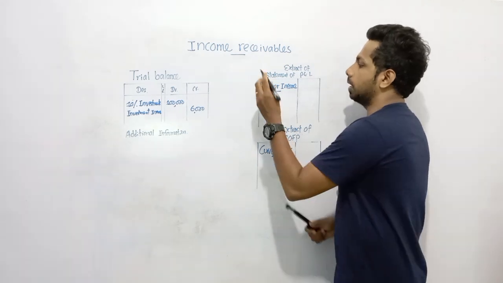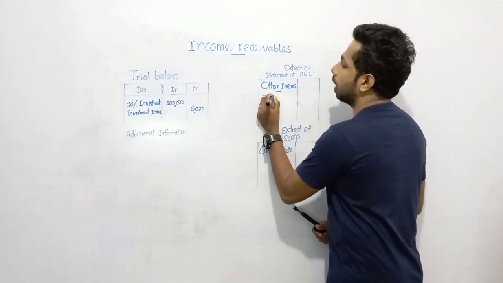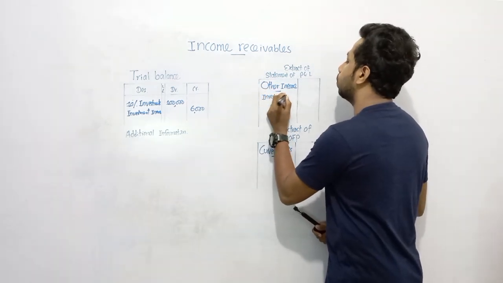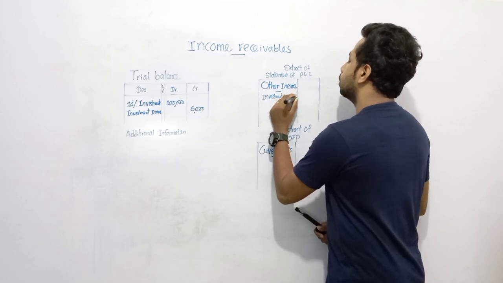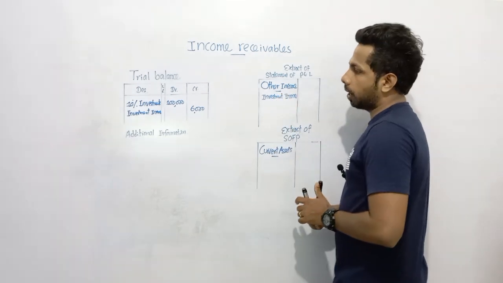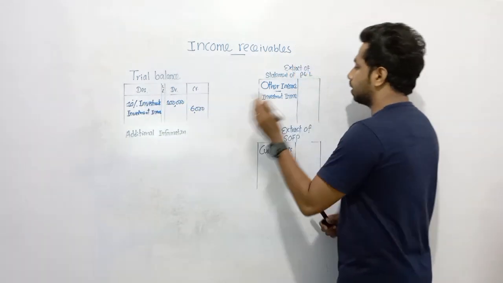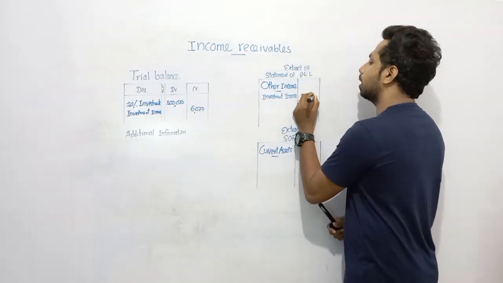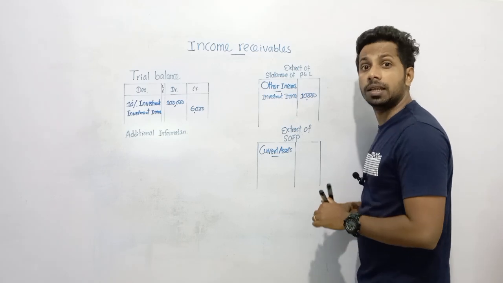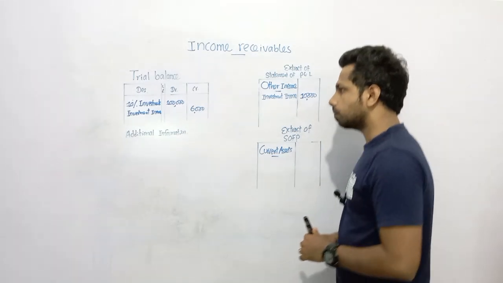The total investment income we need to record under other income as investment income. How much is the total? 100,000 into 10% is 10,000. So directly I calculated the other income as 10,000.